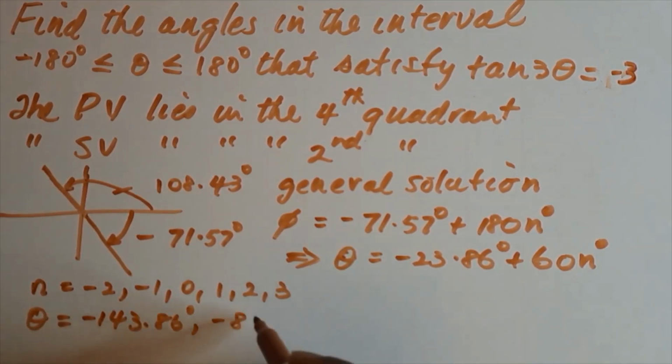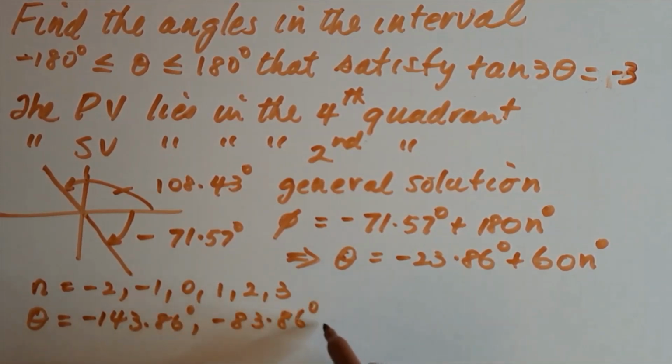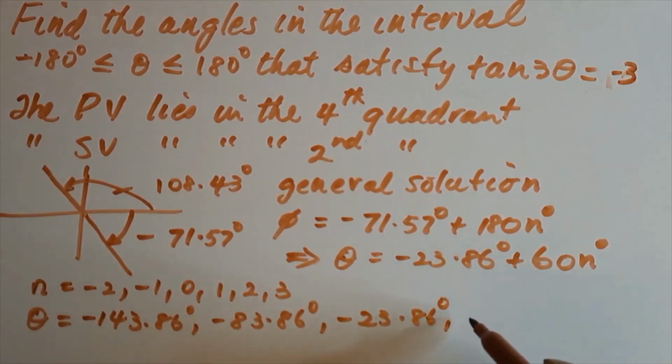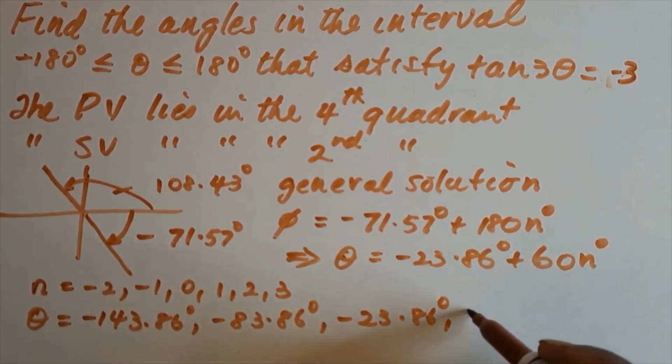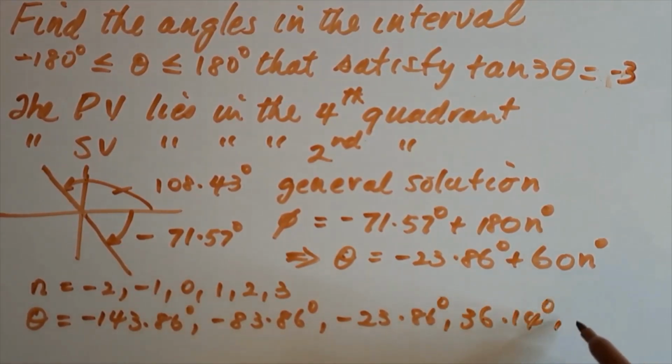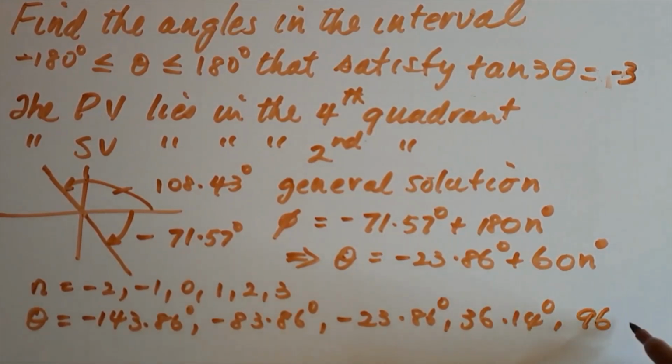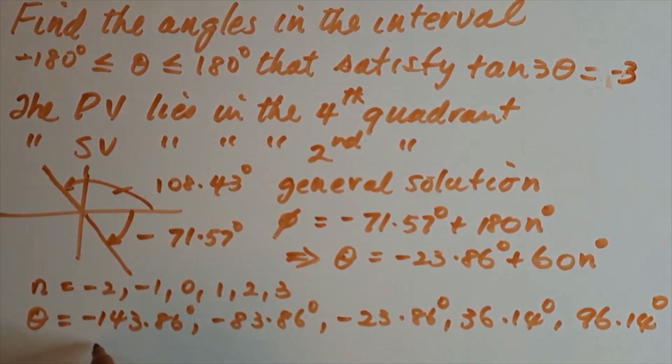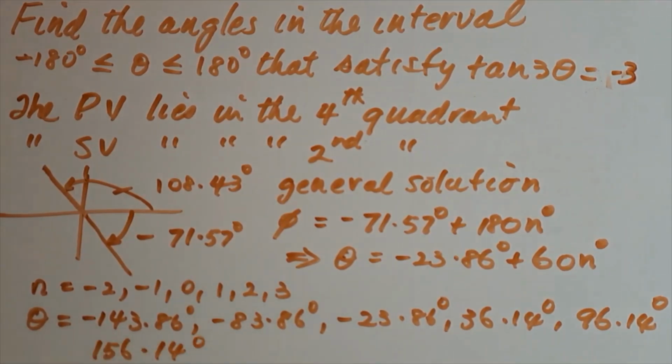Then we have minus 83.86, minus 23.86, 36.14, 96.14 degrees, and finally 156.14 degrees. Don't take my word for it. Check each value of theta to ensure that it satisfies the equation tan 3 theta is equal to negative 3.